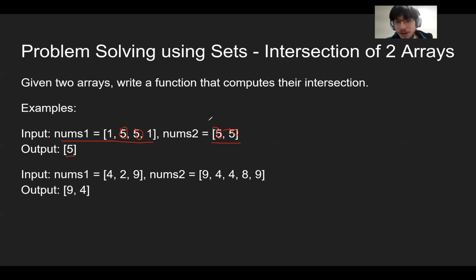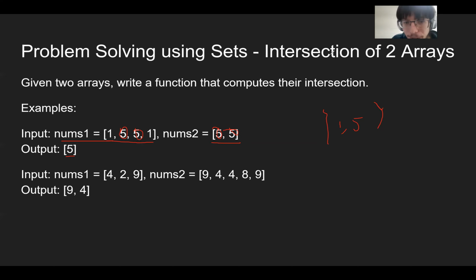Let's just put the elements in a set. Let's make a set and put the elements in there. So in this one, for example, we might put 1 and 5 in there because that's what our set would be. And it's really fast to get things from a set, because sets provide insertion and deletion and find.